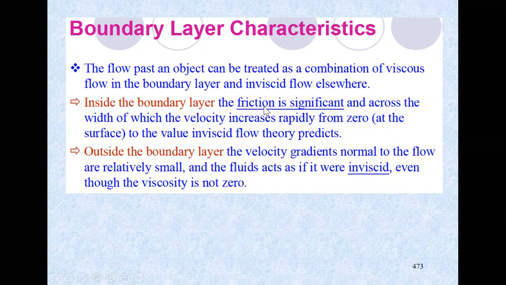Inside the boundary layer, the friction is significant, and across its width the velocity increases rapidly from 0, the no-slip condition at the wall, to the value that inviscid flow theory predicts, like the Bernoulli or the Euler one. Outside the boundary layer, velocity gradients normal to the flow are relatively small, so it's like a straight line, and then when you come to the boundary layer, you have this.